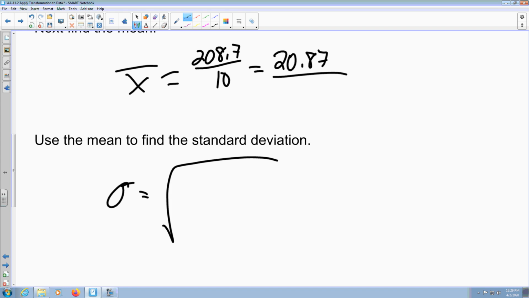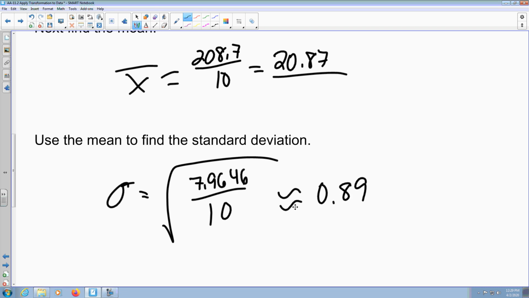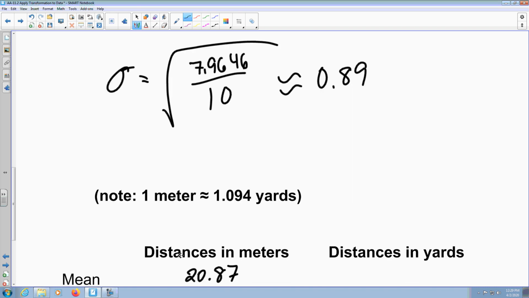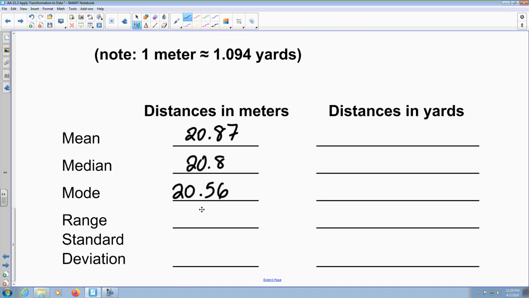When you take all of those differences from the mean, square them and add them up, you get a result on the top of about 7.9646, and you're going to divide that by 10. So you're going to get something roughly about 0.89. But again, please check that work. If there is additional confusion, I'm more than happy to work out that entire problem and then send it to you.